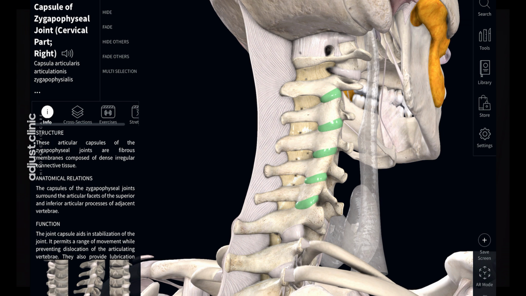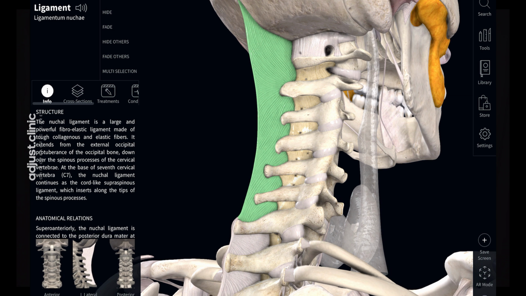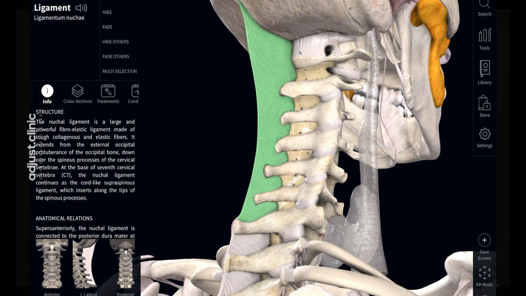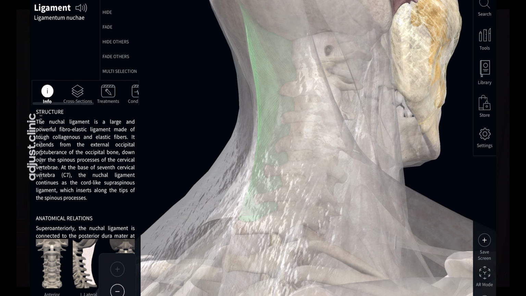And we've also got the nuchal ligament, a ligament that is unique to humans because it provides some elasticity. Every time you go for a run, this ligament will stretch and absorb energy, and it's actually going to keep your head level with the horizon as you're running. So it's a very important ligament for human function.